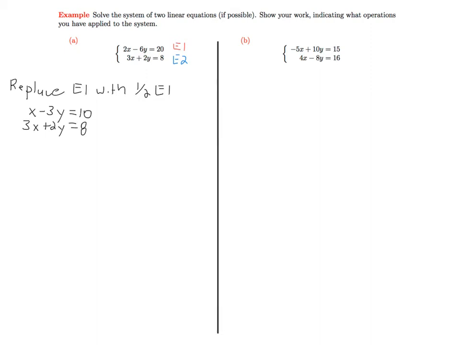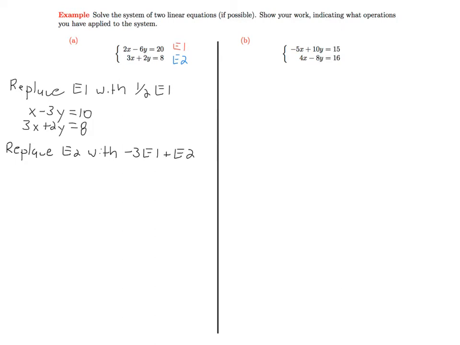Now I want to eliminate the x's in the second equation. So to do this, I'm going to replace the second equation, E2, with minus 3 times E1 plus E2.